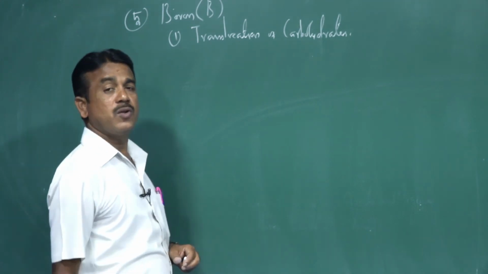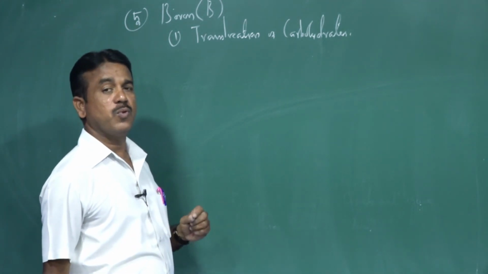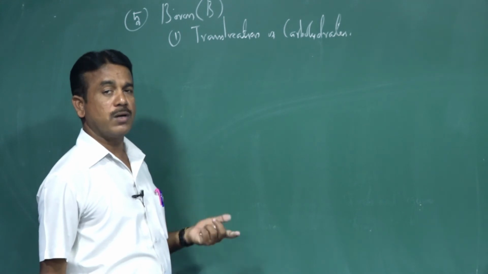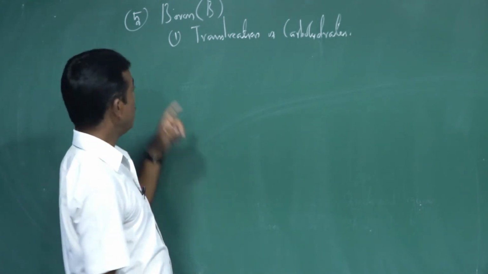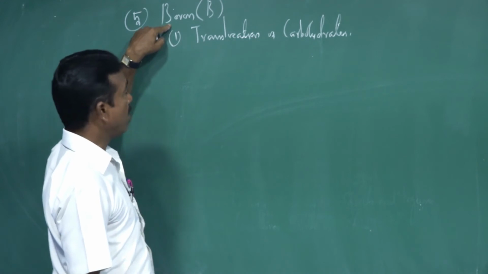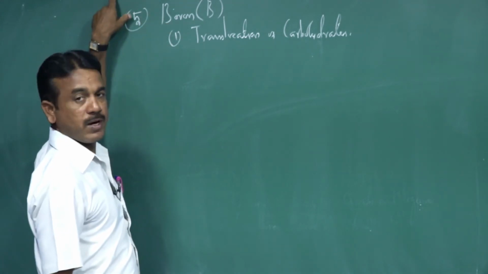The sugar molecules that are translocated from one cell, one tissue, or one organ to another organ need boron. So it is called translocation of carbohydrates.